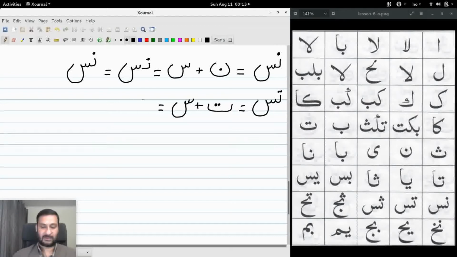And when ta is in the beginning of the word, it takes this form, ta, and sin is at the end of the word, so it takes the full form, ta sin, and I will just use the same formula for writing ta sin, like so.